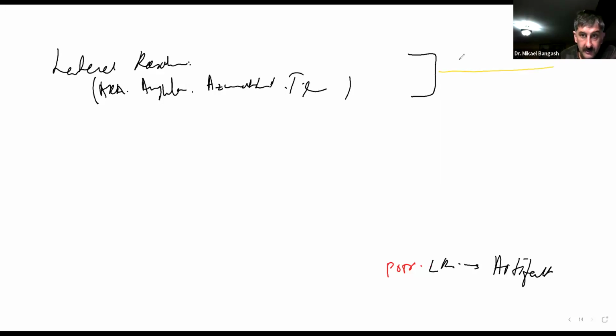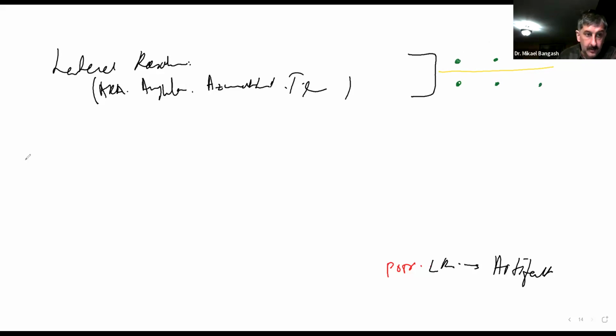Then a structure here and a structure here should appear at similar depths or similar distance.